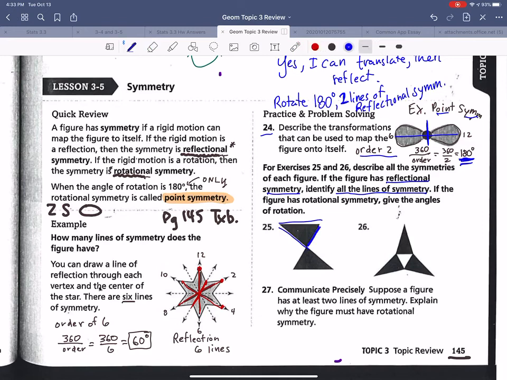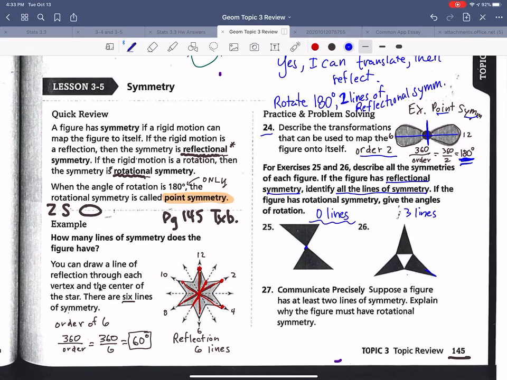So that's why it won't fold upon itself. Now this one looks like it would. I could fold it here or here or here, right? And all that would work. So this one, I'm going to say 3 lines of symmetry. And this one I'm going to say no lines.